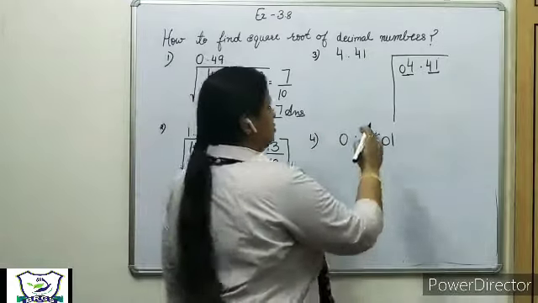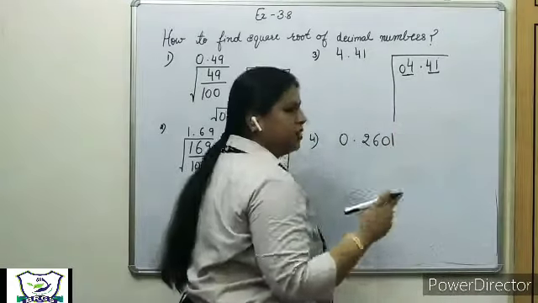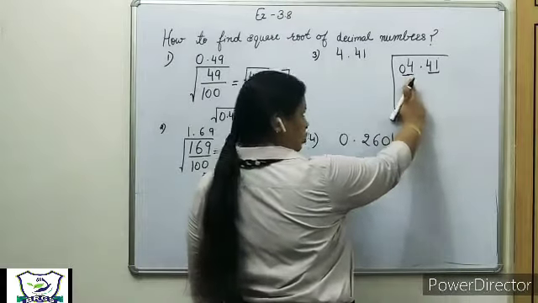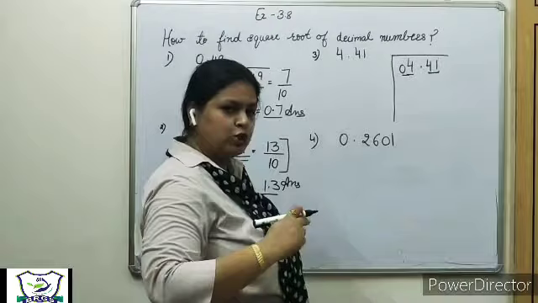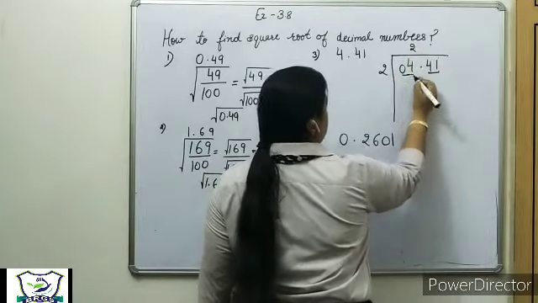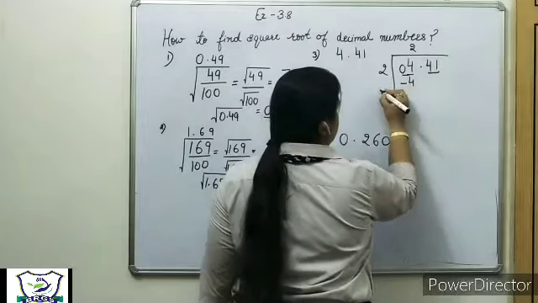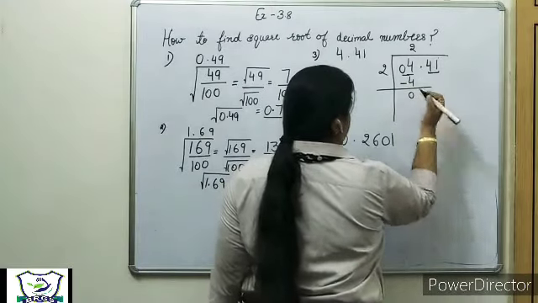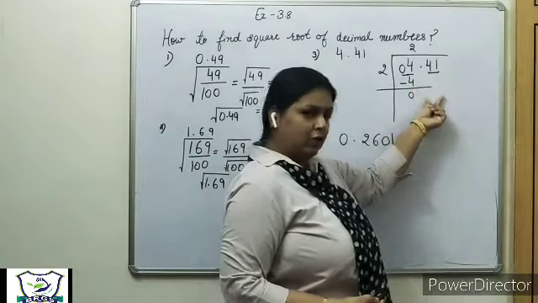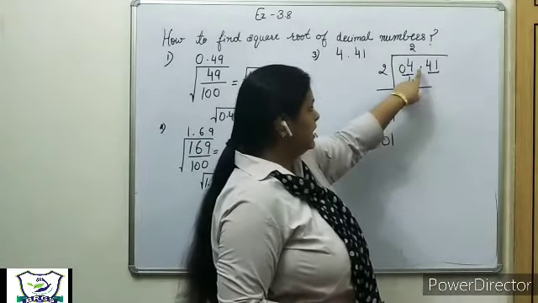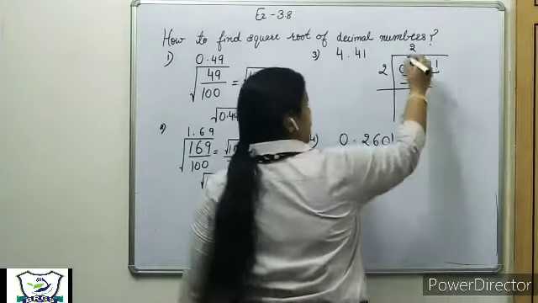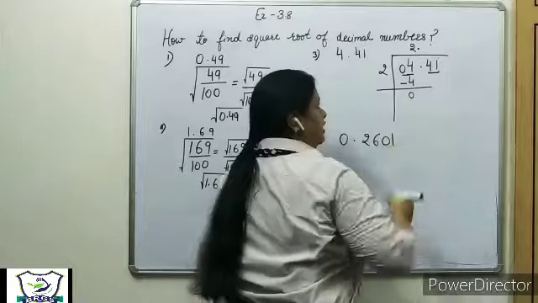Now calculate the square root in the same way as you have calculated for natural numbers. We need 4. 4 is the square of 2. 2 2s are 4, so 4 minus 0. Thereafter we have to bring another pair down. But that pair is after the decimal point, so we will put a decimal in the quotient part.